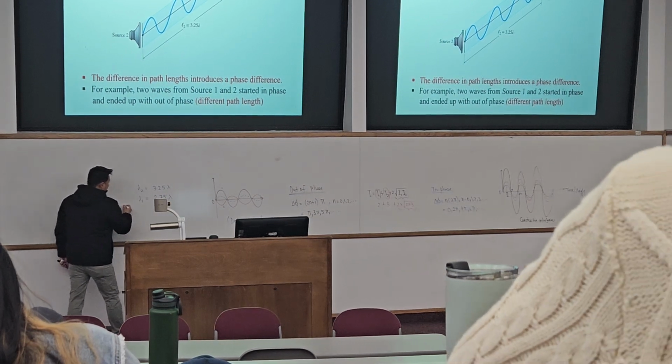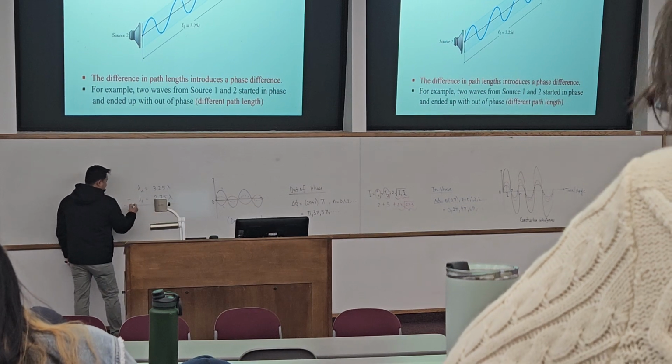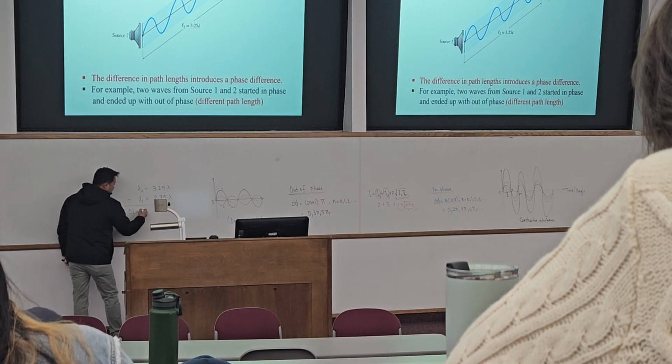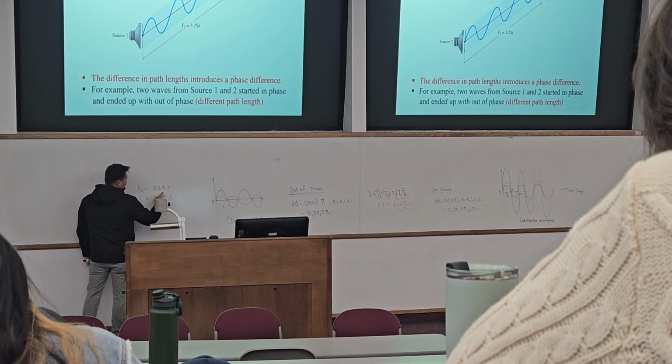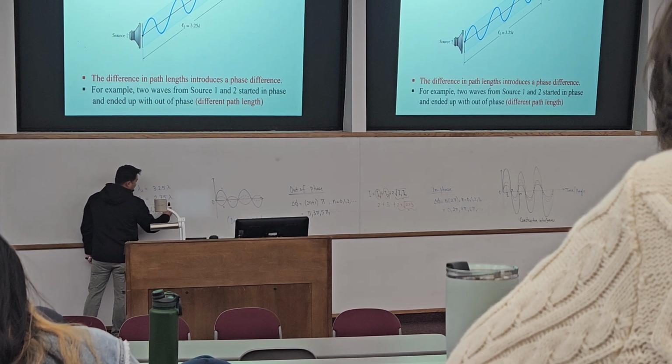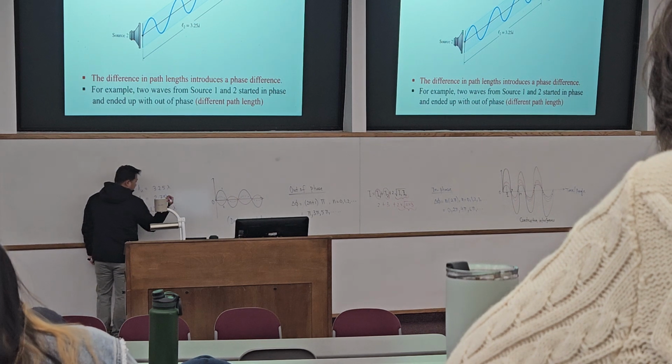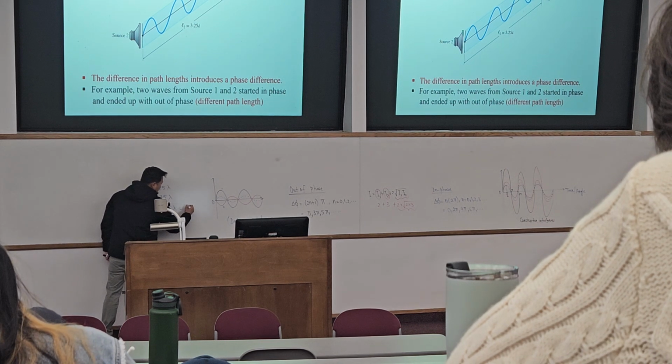If we take a look at the path difference, delta L, I just say L2 minus L1. If you subtract, it will be 0.5 lambda, which is lambda over 2.